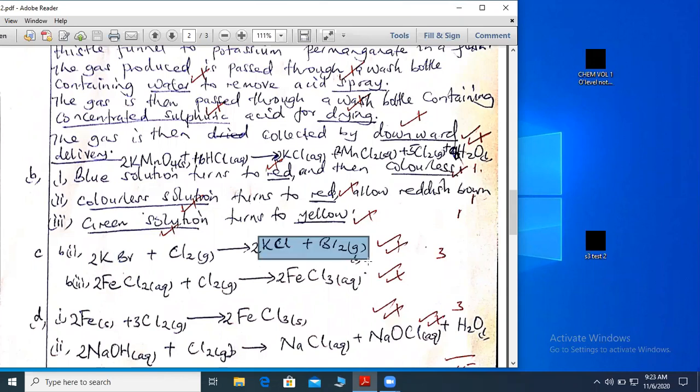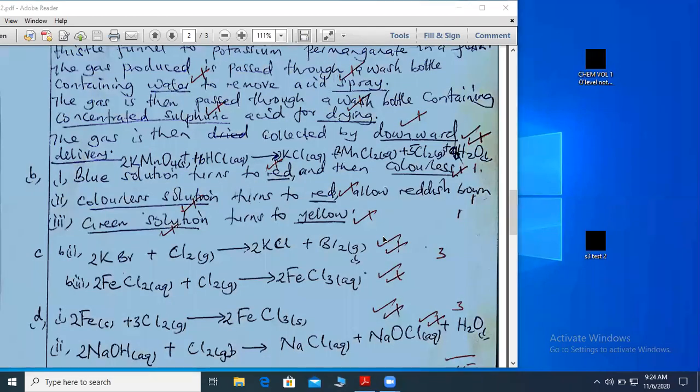Bromine. And bromine gas, or liquid. The states are two here. We can have bromine gas or bromine liquid. But let's take liquid.